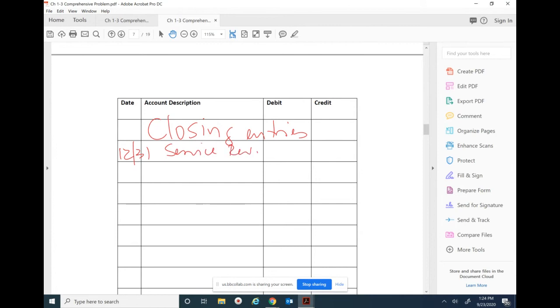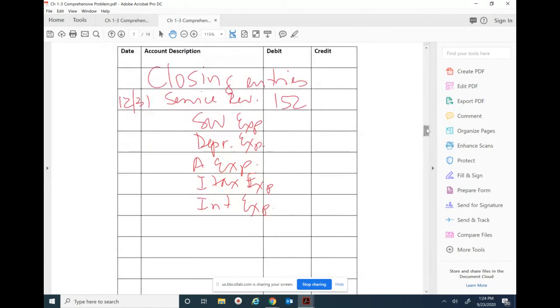Service revenue is debited, 152. Salaries and wage expense, and all other expenses, depreciation expense, amortization expense, income tax expense, interest expense, and supplies expense. All of the expense accounts have to be credited.